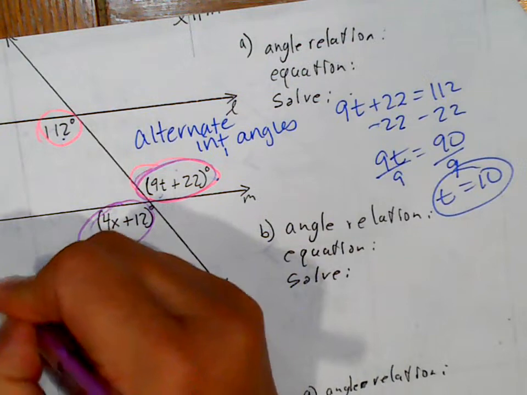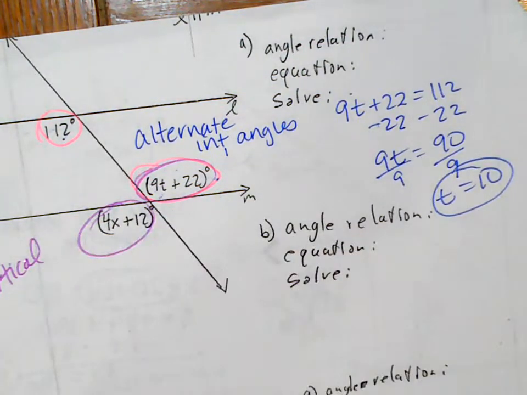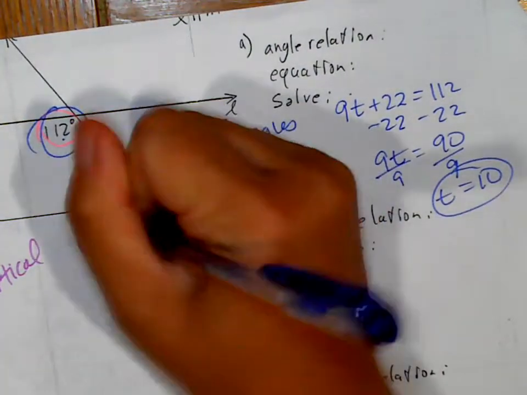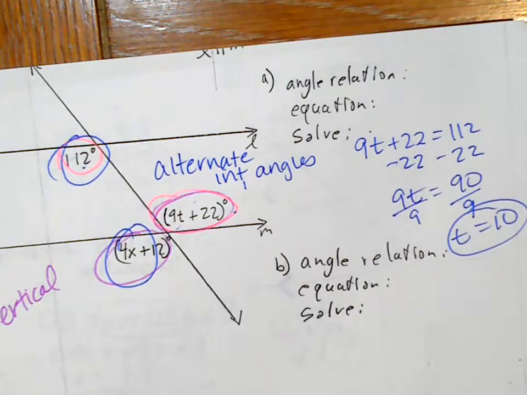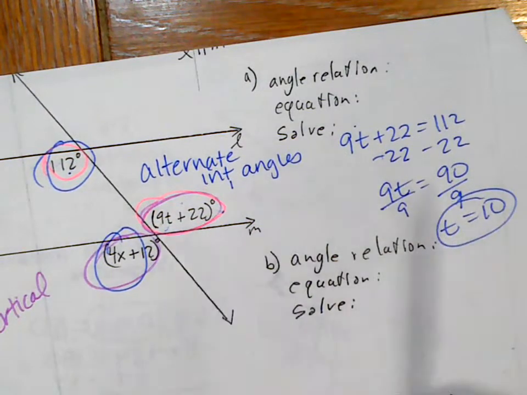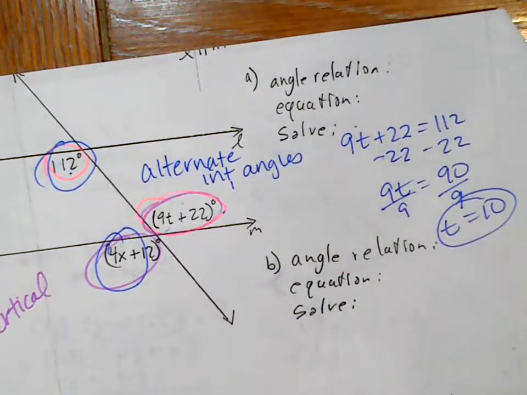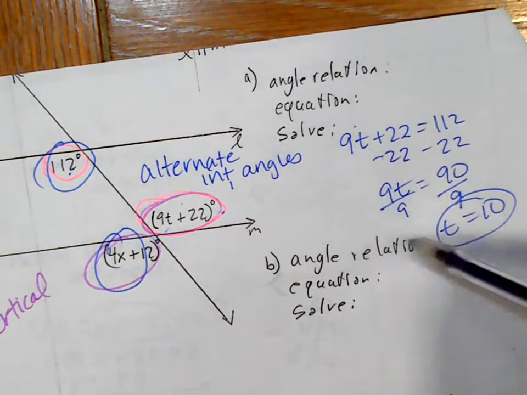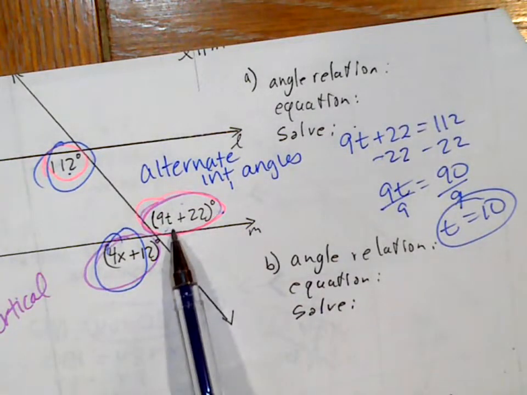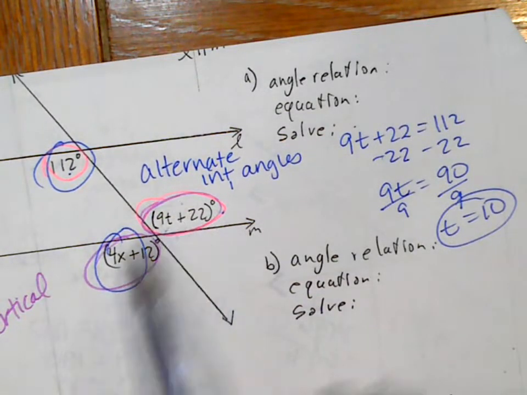So this purple one, those are vertical angles. Or I have this one and this one, which I can do also. So you have all these different options for figuring out an angle relation based on how much work you want to do. So let's say you only saw the vertical. You don't remember what these guys are. Not a problem. You can still plug this in for t, get this, and set them equal to each other.